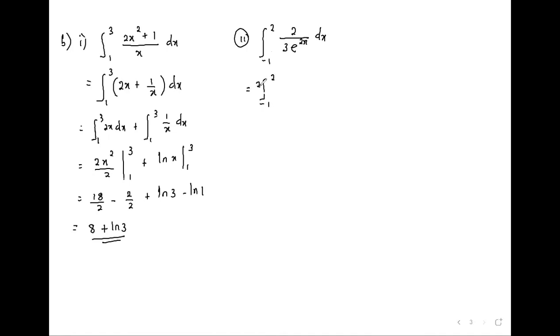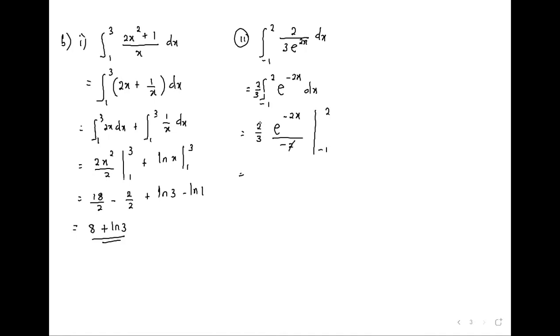The 2 over 3, remove it, and then take it back. We just give it a negative power, and do the normal integration. So we have 2 over 3, we integrate that, we get e to the power minus 2x over minus 2, and run from -1 to 2.